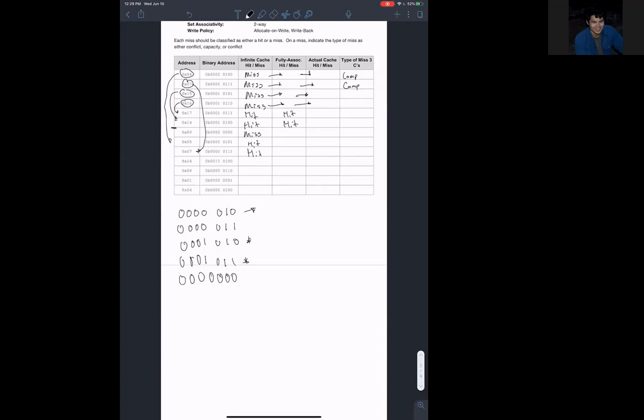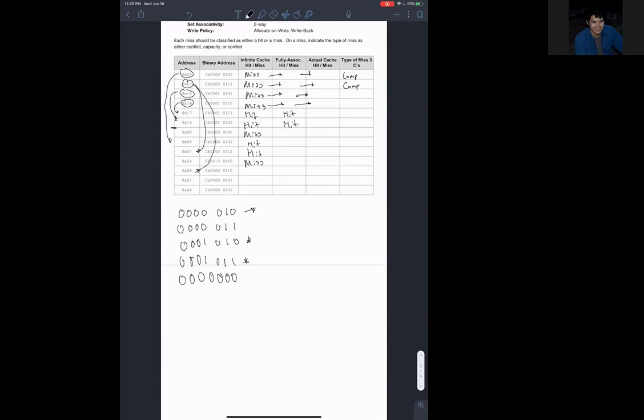And now we have the address 0x24. And we definitely didn't bring any address that was near that, so that's going to have to be a miss. And then 0x6, since we brought in the address 0x7, that's going to be a hit.